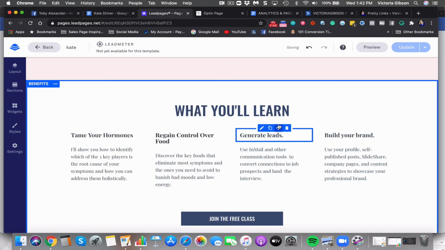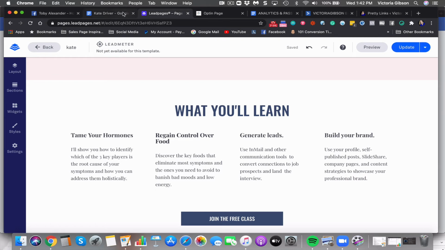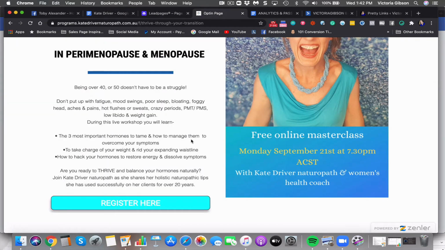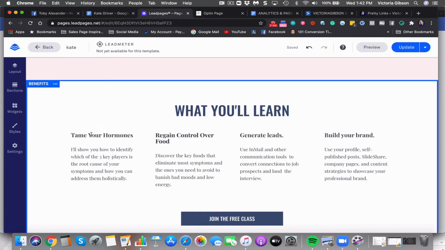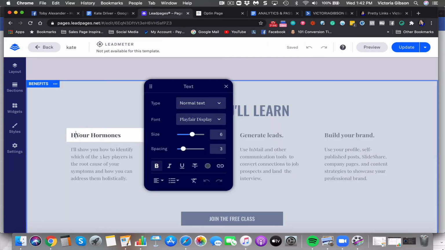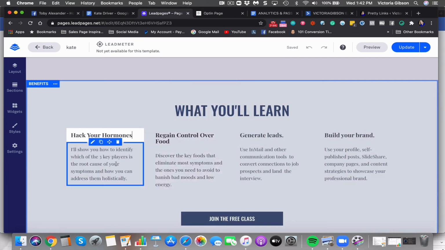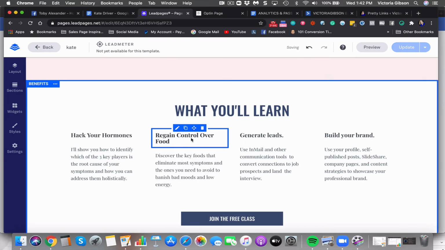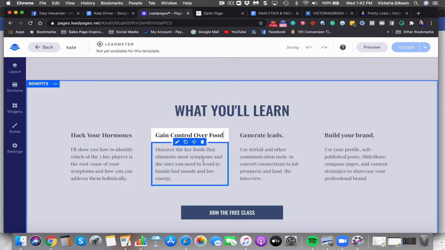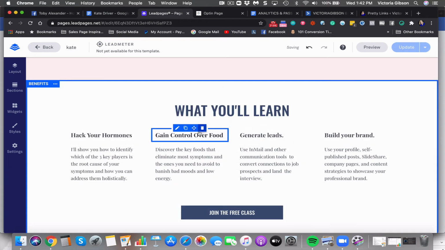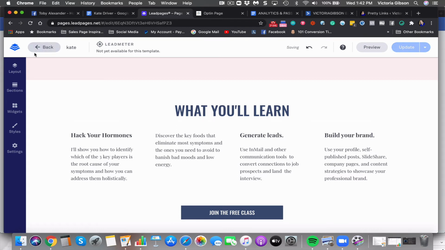It's quite good. What else have we got in here? Back here. Hack your hormones to restore energy and dissolve symptoms. So we sort of talked about, I might even go hack your hormones because we talked about taming them. Hack your hormones. I'll just say gain control over food. Shivers, just did that wrong. Okay, there we go.